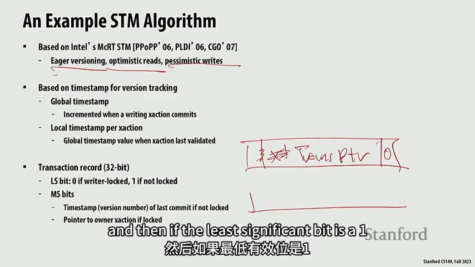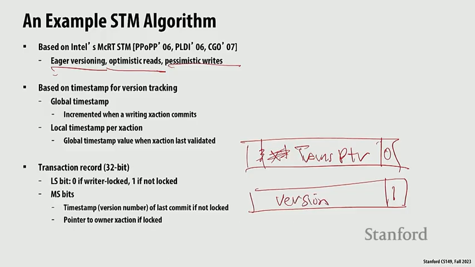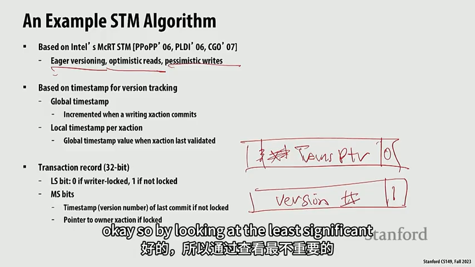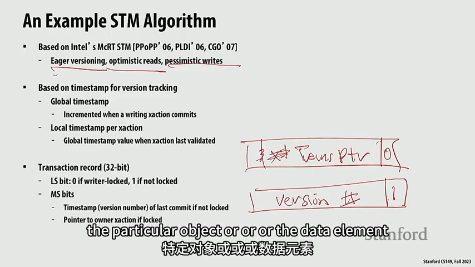If the least significant bit is a 1, then this is essentially a version number. So by looking at the least significant bit of the transaction record, you can tell the state of the particular object or data element.